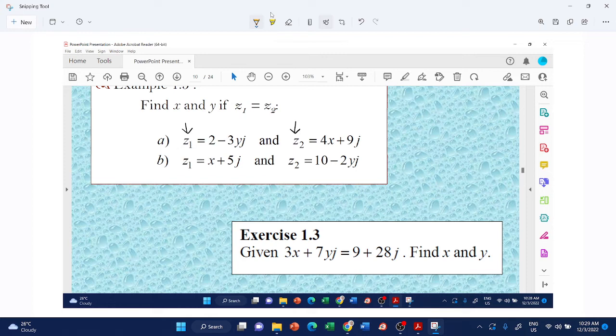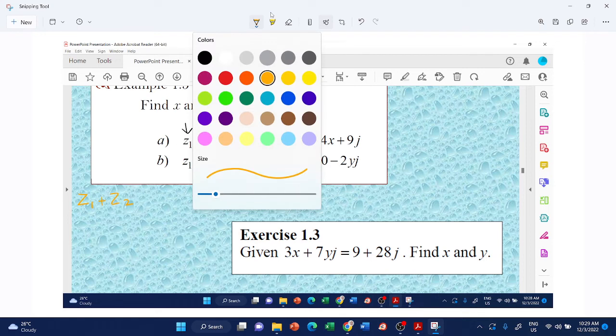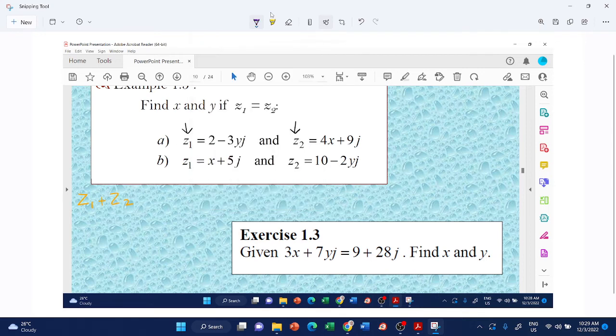Okay. Tapi tak apa, madam buat dulu tambah contoh. Madam nak buat tambah, Z1 tambah Z2. Okay.